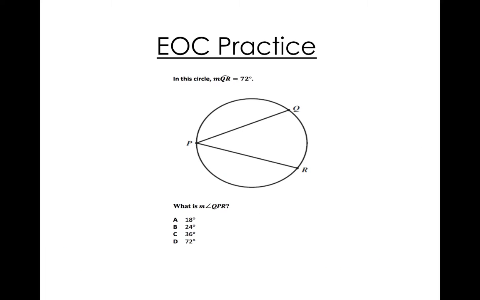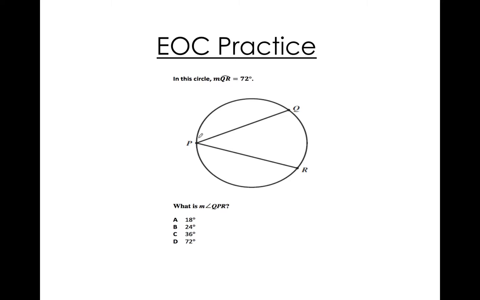Here's an EOCT practice question for you. Remember right here, our angle is what we call an inscribed angle, because the vertex is actually on the circle.